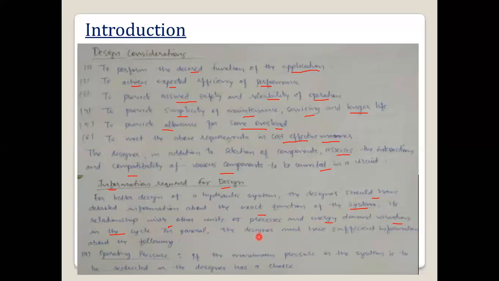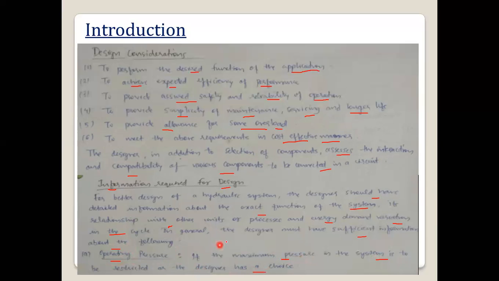Okay, so in general, we can say that the designer must have sufficient information about the following, that is, operating pressure. If the maximum pressure in the system is to be restricted, or the designer has a choice.